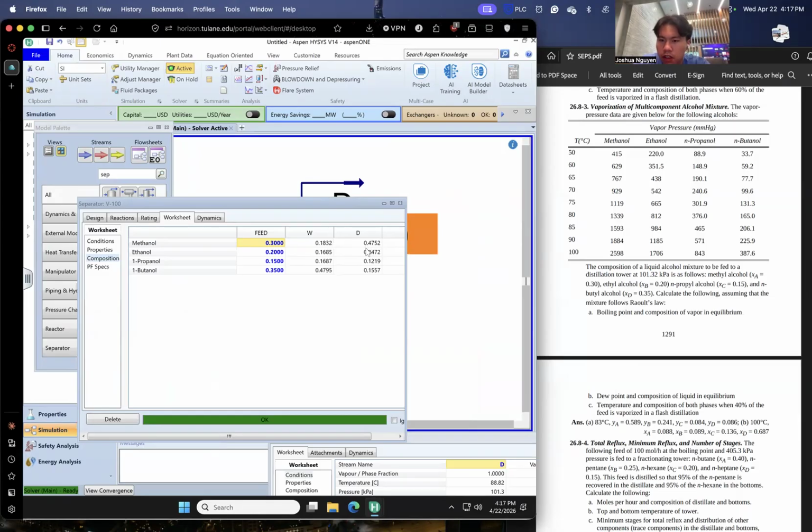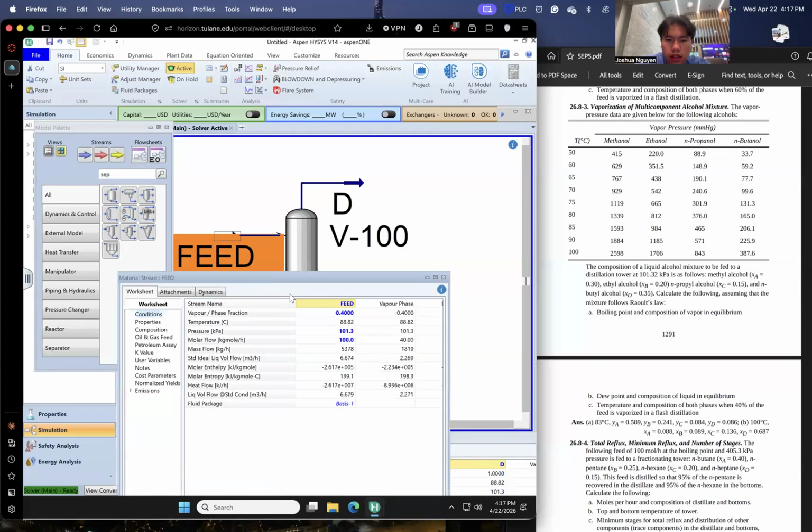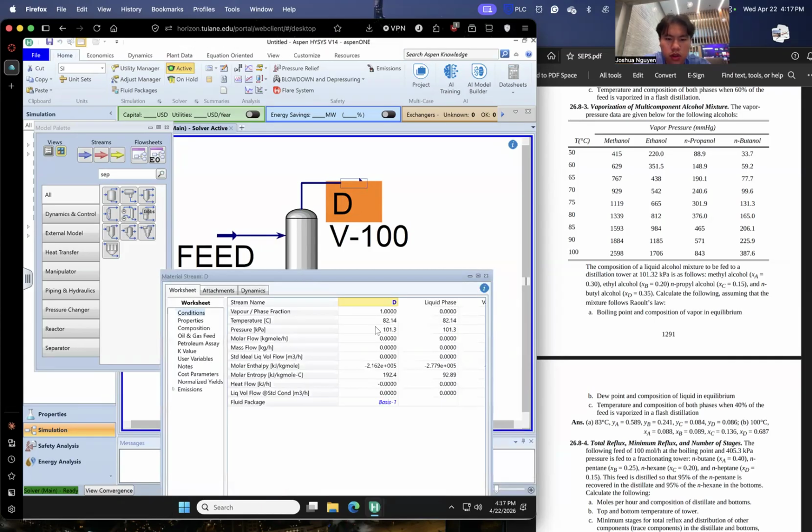No, because XA is methanol, that's too high. 80% feed. Bring this back up. Let's put this one. So if it's, let's put, no, this should be right.